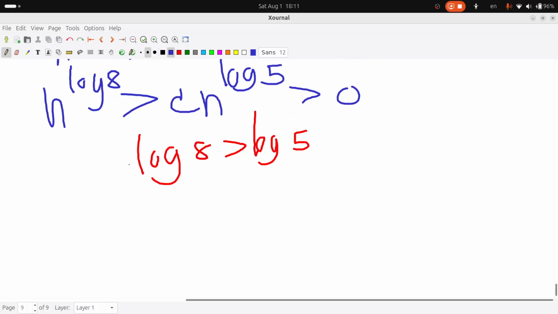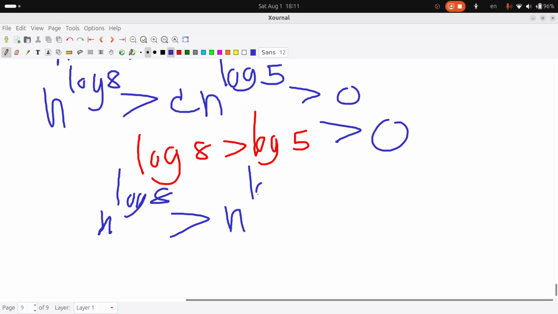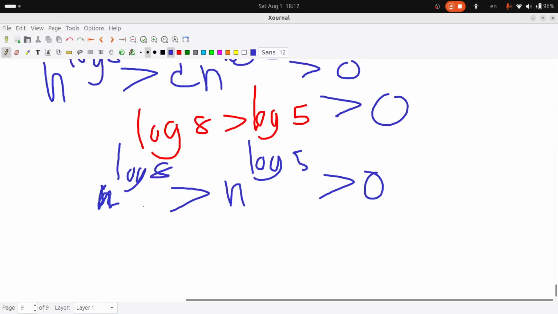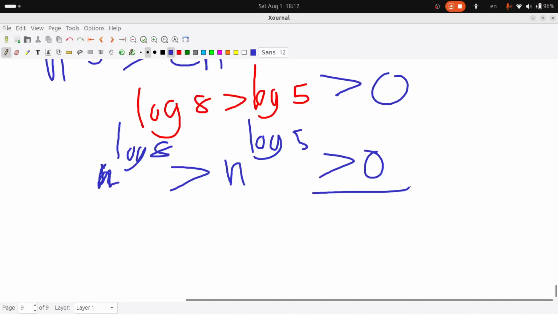So what can we do? We can write that log n is greater than log 5, and we power it, by the definition of an exponential, n power of log 5 like this, and we leave this one to be easier to prove.